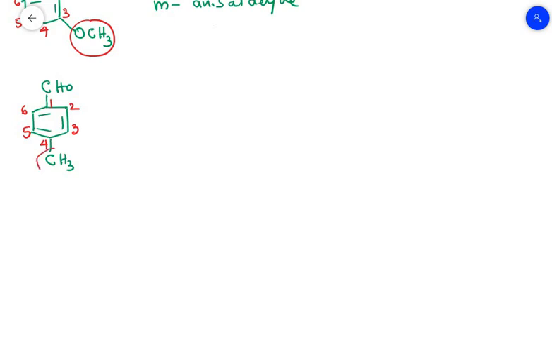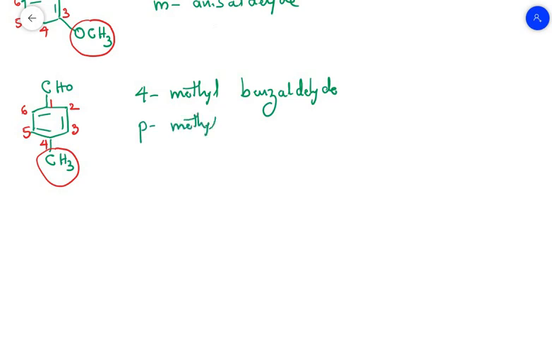This methyl group has number 4, so the name of this compound becomes 4-methylbenzaldehyde or para-methylbenzaldehyde.